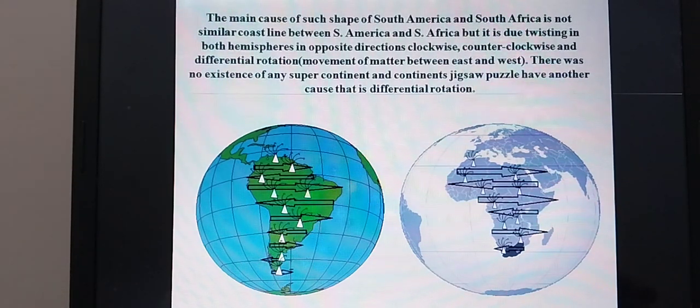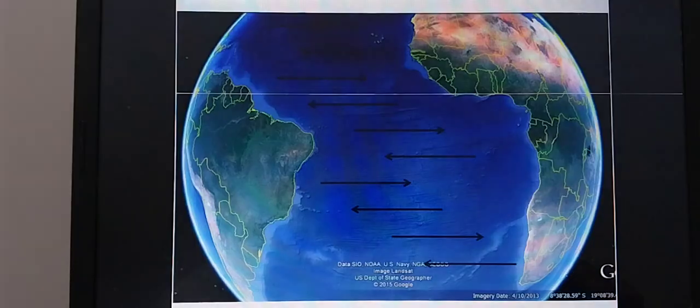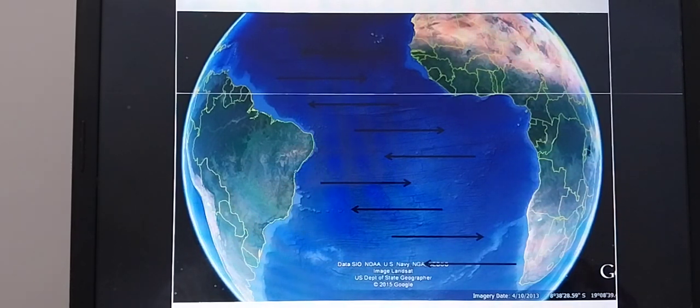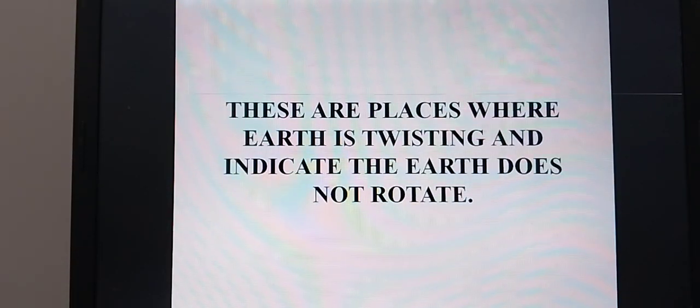Also at the same time we are explaining how the mid-Atlantic ridge came in such a special S-type shape. So these are places where the Earth is twisting and indicate the Earth does not rotate rigidly.